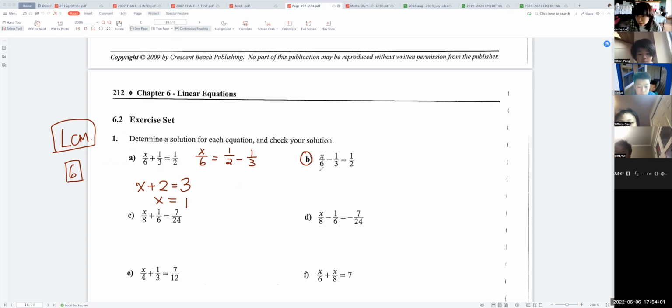So again, everybody, the left side, we're going to times what? 6. Very good. The right side, we also times? 6. Very good, Maris. Okay, everybody, try to do this one yourself. I think everybody, you can do it.